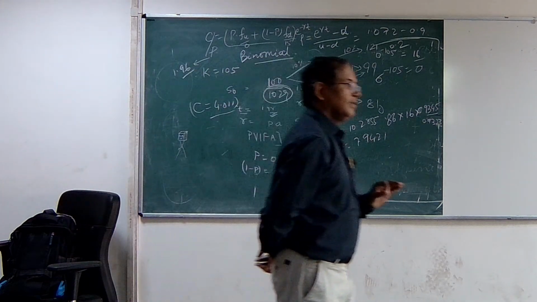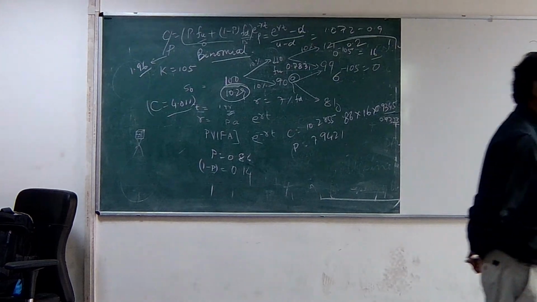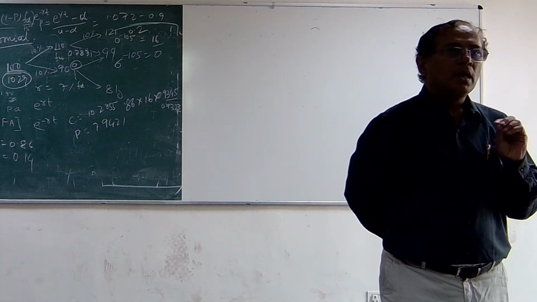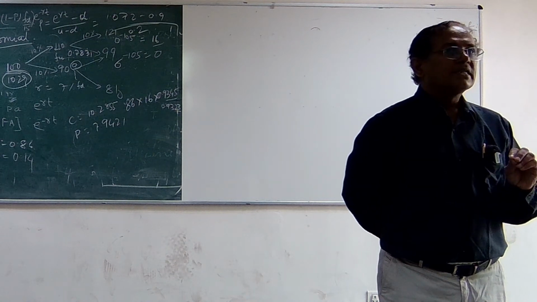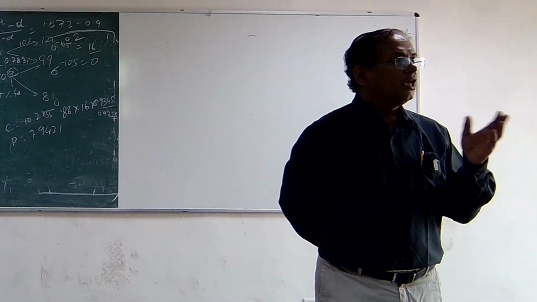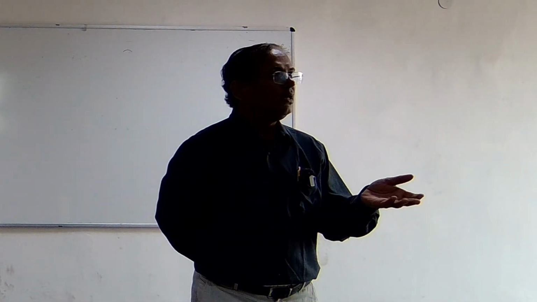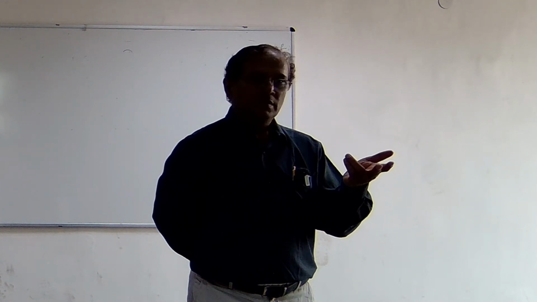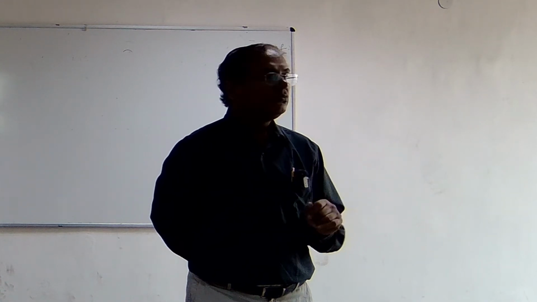Understand, the question will be very simple. A stock having 100 as the spot price, expected to move 10% up and 10% down in 2 consecutive years. Each year 10% up and down.